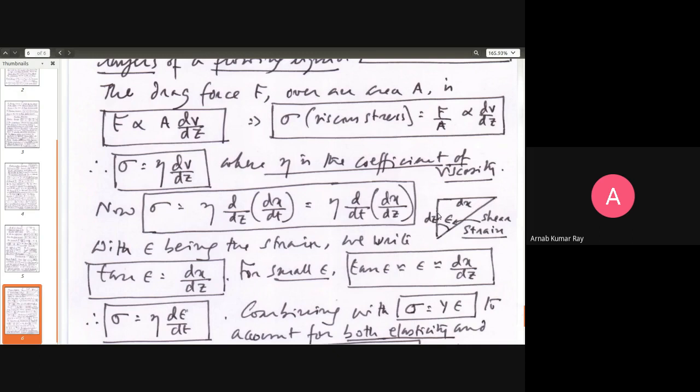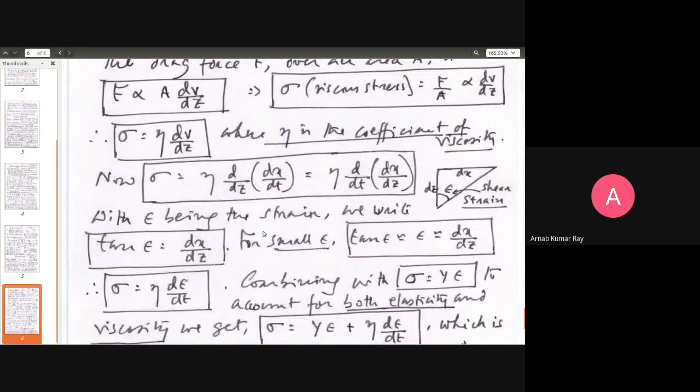That is how it happens. And the angle that you have over here, if you say epsilon, epsilon being the strain, I'll talk about strain very soon, then by trigonometric definition tan of epsilon will be equal to dx by dz.